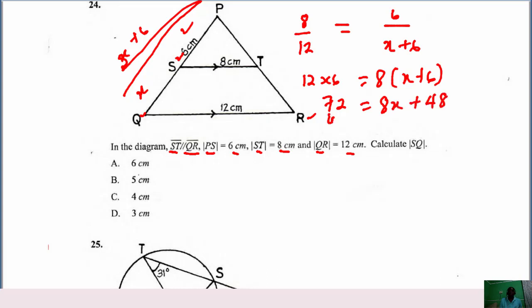So 72 minus 48 will give us 24 is equal to 8x. So when we divide by 8, we are going to get 3. So the answer is 3 centimeters. Let's move on to question 25.